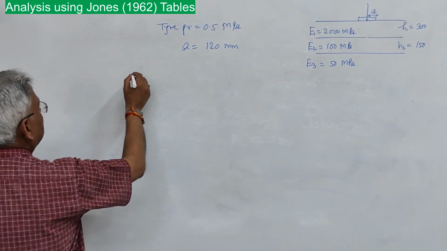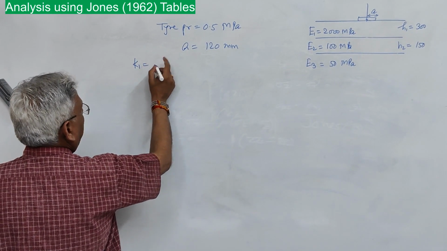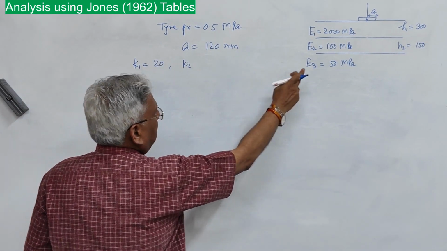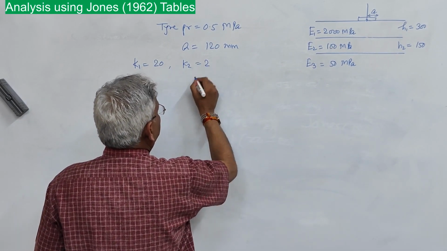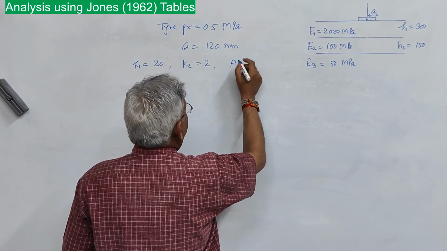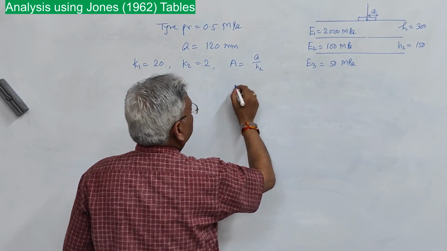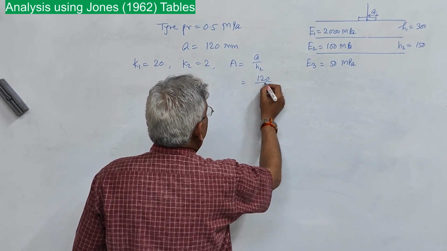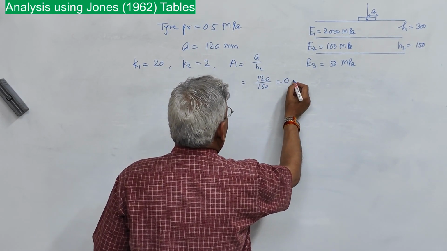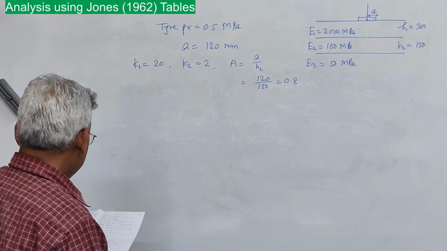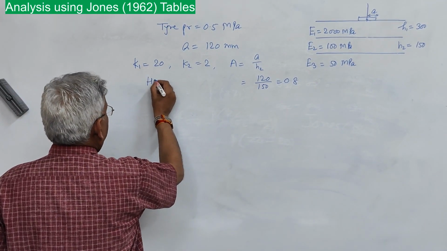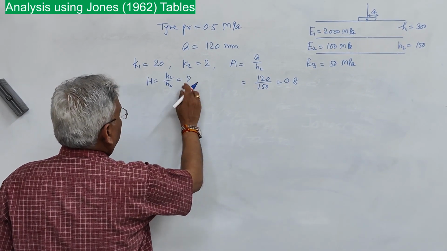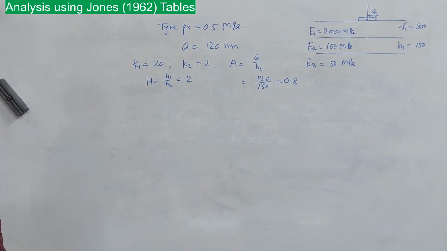So let us calculate what is K1. K1 is E1 upon E2, that is 20 now. K2 is E2 upon E3, 2. Capital A is a upon H2. A is 120, 120 by 150, that is 0.8. And capital H is H1 upon H2, that is 300 upon 150, that is 2.